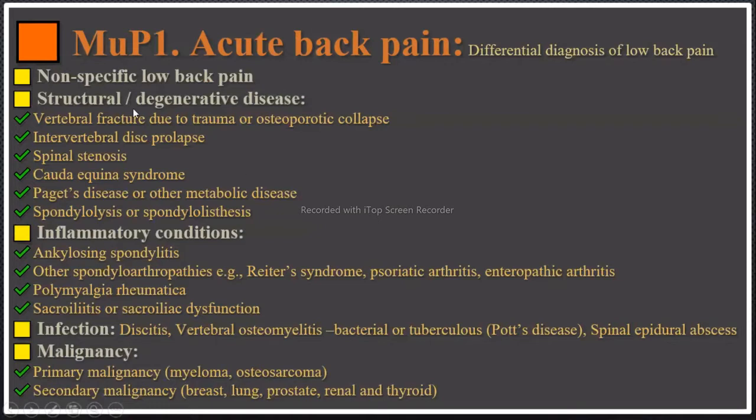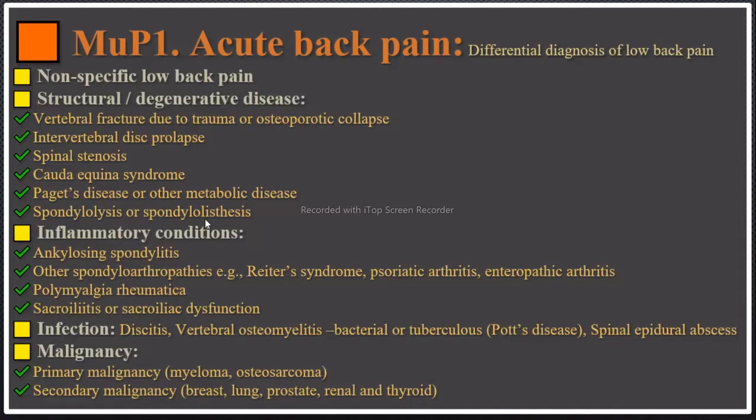Okay, so again, we have differential diagnosis of low back pain. You have two types: inside the spine or outside the spine. The patient has back pain. This is related to the spine or not related to the spine.